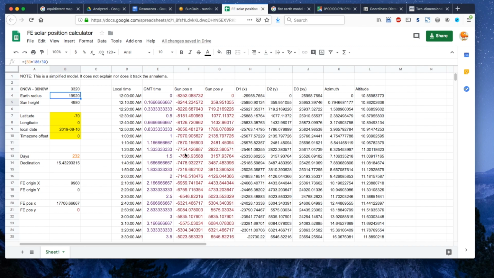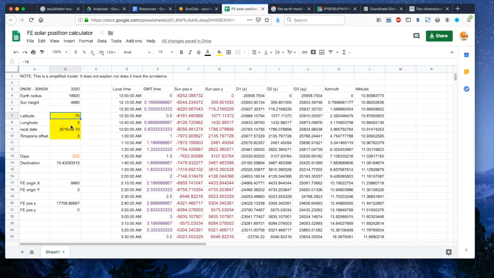Because tangent of 45 is 1, we're able to use 45 degrees to estimate the height of the sun, which is this. And this is going to be a quarter of the Earth's radius, or half of the distance from the equator to the center.